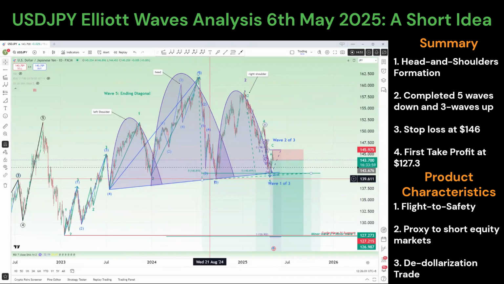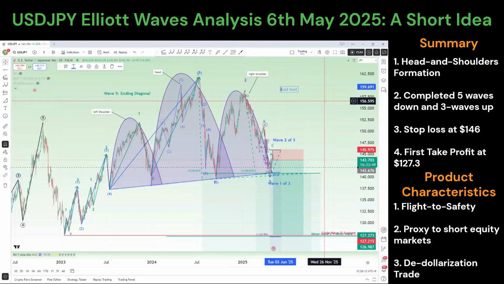Now this completes the part 1 of this short dollar yen idea. The next part I want to talk about is dollar yen itself as a product, right? So dollar yen has three main characteristics. One is actually a flight to safety product, right? Similar to gold.